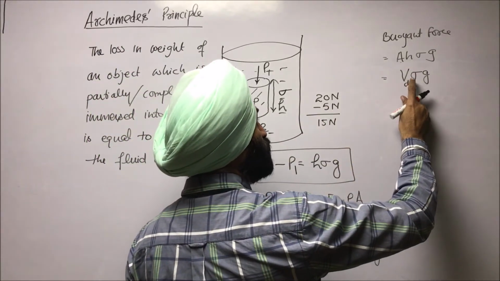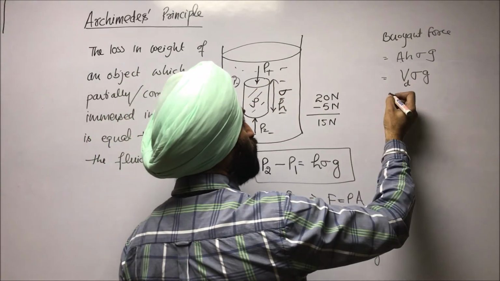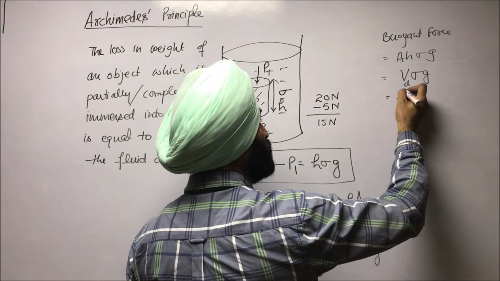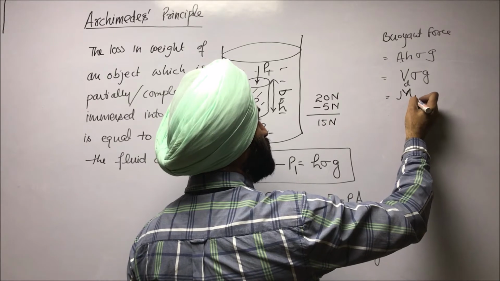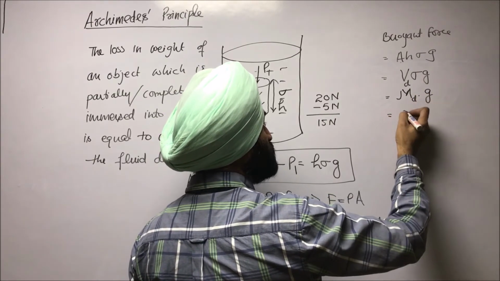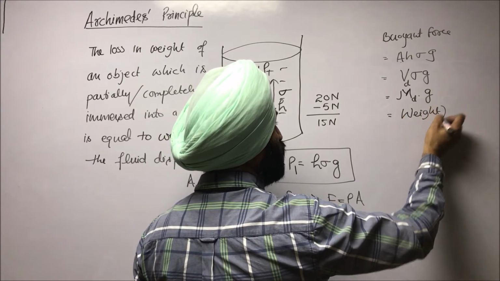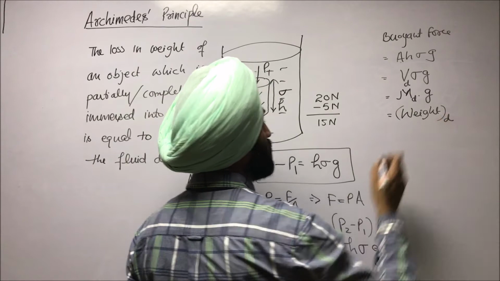Since volume into density, volume of water displaced into density of water, would be equal to mass of water displaced, and mass into G is equal to weight of water displaced.